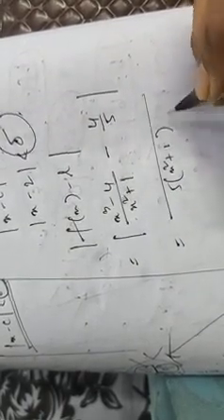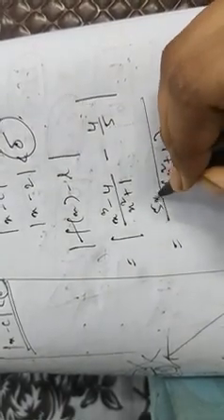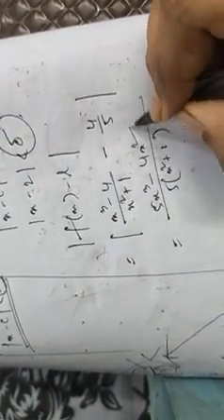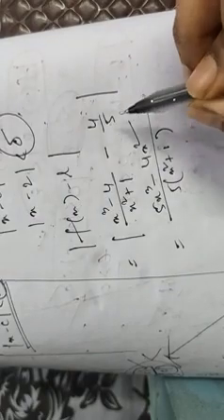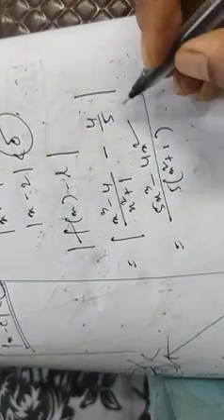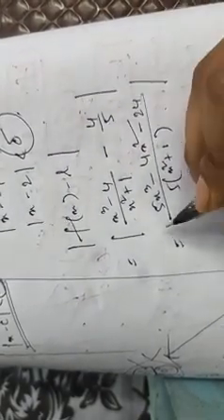Just apply simple calculation. We will get 5x cube minus 4x square, and then 20 and 4, that is minus 24, over 5 into (x square plus 1).